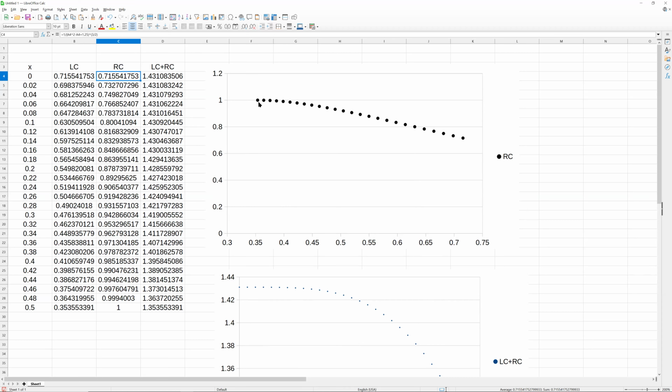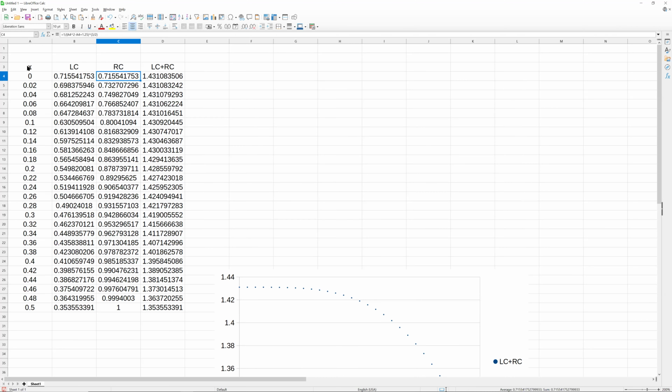Did I graph that backwards? I'm not sure what I just graphed on here. I think I graphed the left coil, or not. I'm not sure what I did here. Actually, I'm going to delete this graph and see if I can fix this.